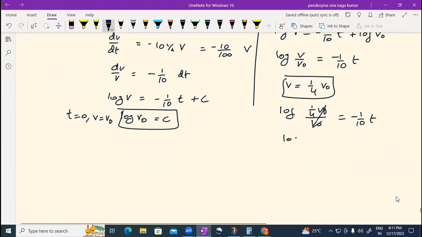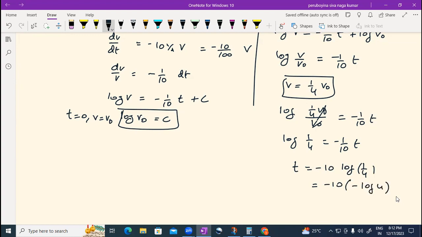So log 1 by 4 is equal to minus 1 by 10 into T. So do cross multiplication. T value will be minus 10 into log 1 by 4. If you solve 1 by 4, so it will be minus 10 into minus log 4 because 4 inverse you can write. So 10 log 4. T value will be 10 log 4.